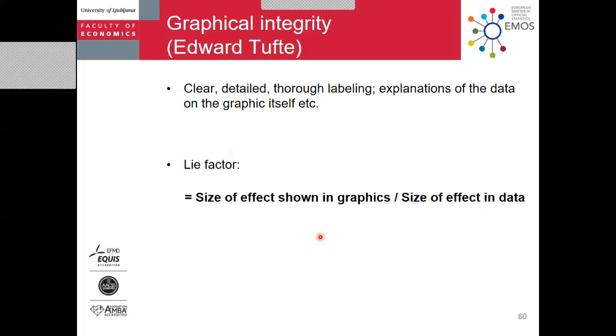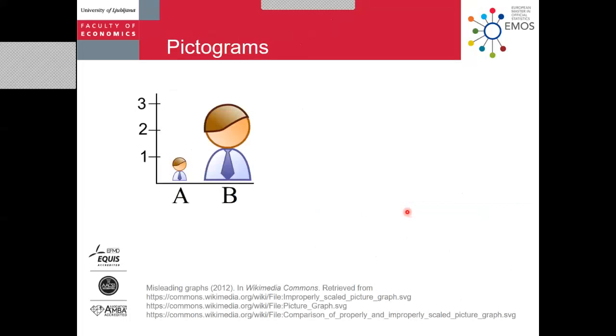And he also introduces an interesting concept, the lie factor. And we should aim for the lie factor of 1, so that the size of effect shown in the graphics is the same as the size of effect in data, so that the visual image really represents the underlying numbers well.